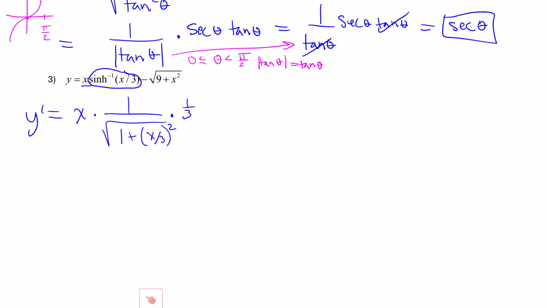But here we go. So that's first times derivative of the second. Continuing on, then we'll say plus the second, which is the sine hyperbolic inverse of x over 3. That's the second factor in our product function there. Second times the derivative of the first.